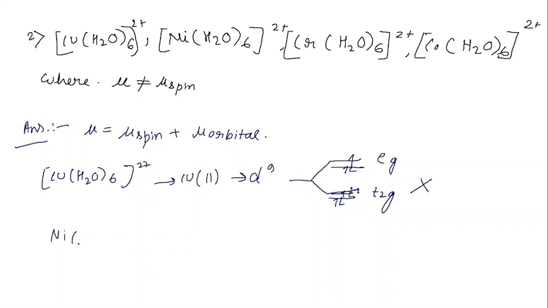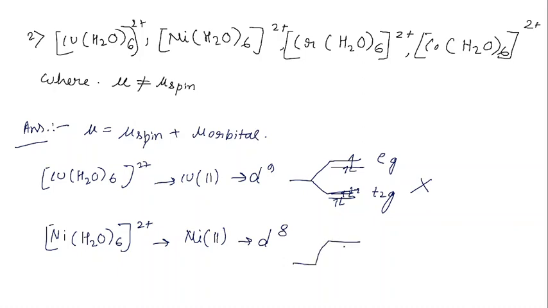So in case of the nickel complex, which is nickel 2, this is a D8 system. Here we will see the d orbital splitting in an octahedral field, as it is an octahedral complex. So there is no unsymmetrical distribution.